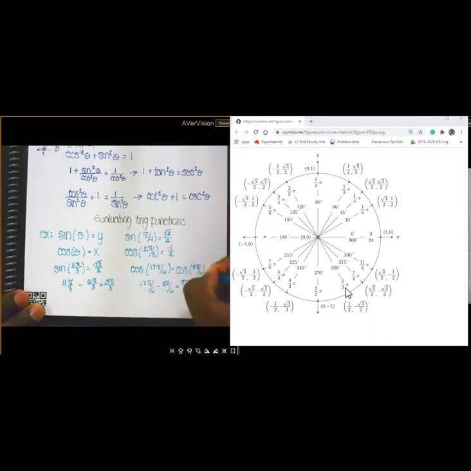And we can actually do this one by looking on the unit circle, because 5 pi over 6 is on there. So what is cosine of 5 pi over 6?